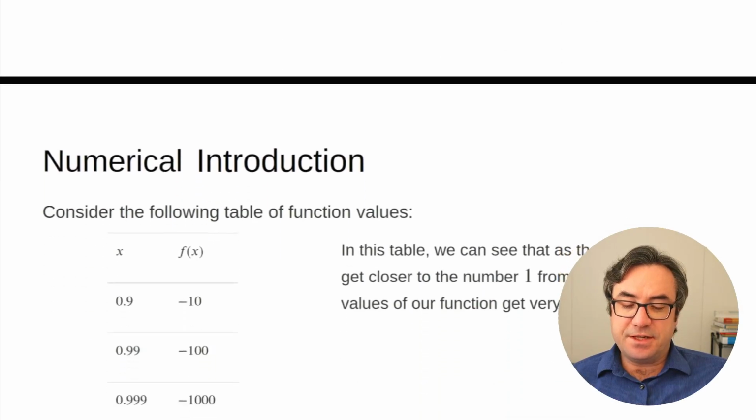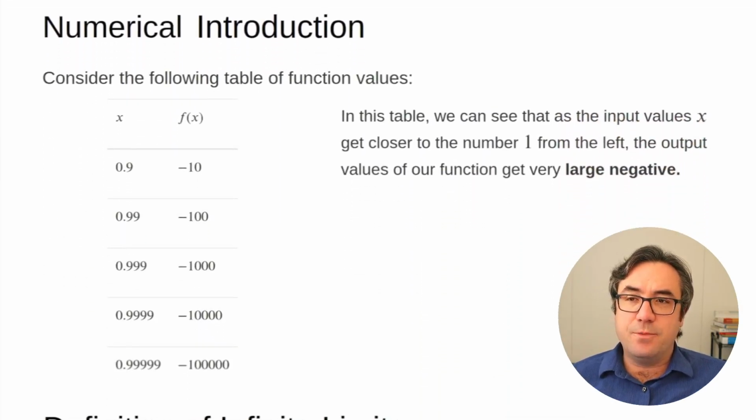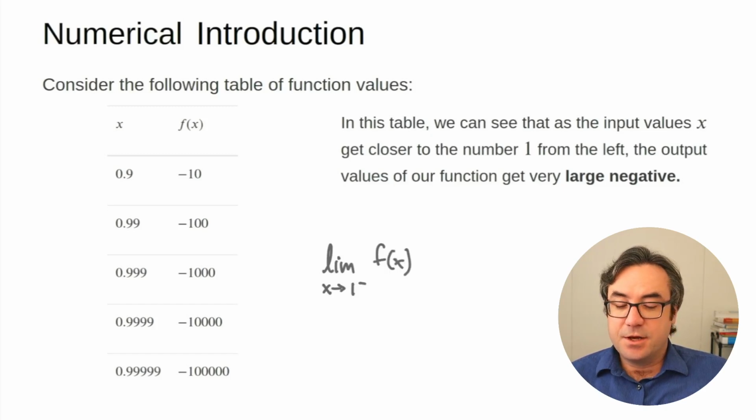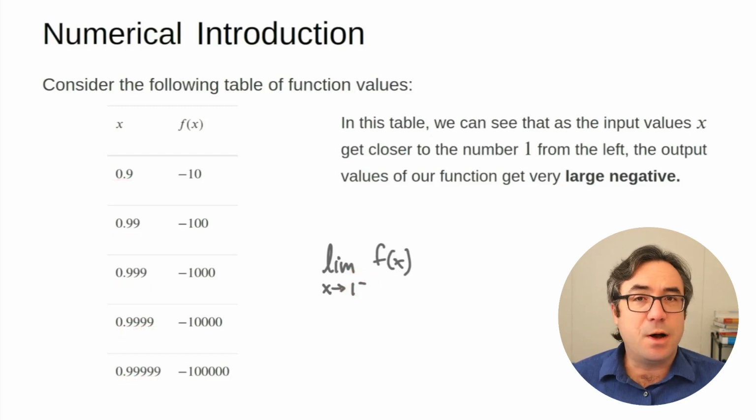We've also seen this when we looked at numerical limits. If we are trying to do the limit as x approaches, say, 1 from the left of some function f of x, numerically, we'd pick values that are getting closer to 1, but slightly smaller.